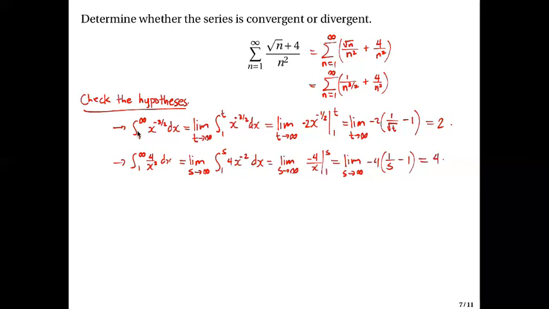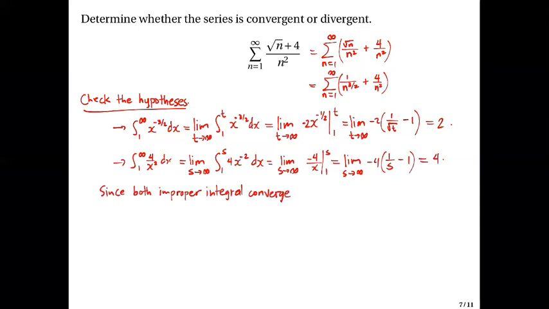So both improper integrals are convergent, and therefore both series are convergent, and therefore you have the convergence of this original series. Okay? So let's just write that and combine them into a single statement. Since both improper integrals converge, the series is convergent.